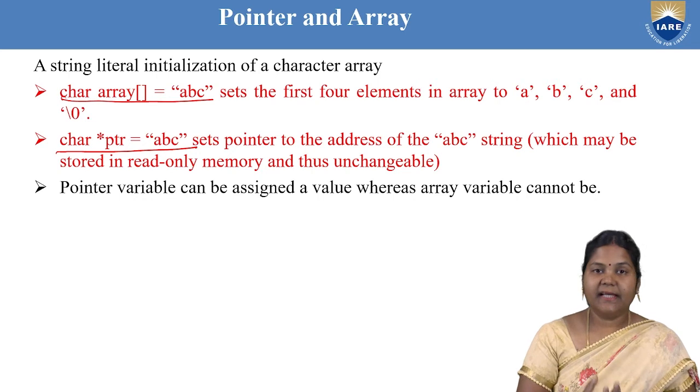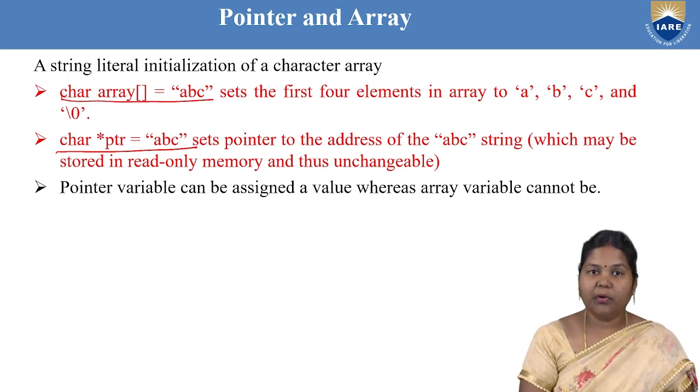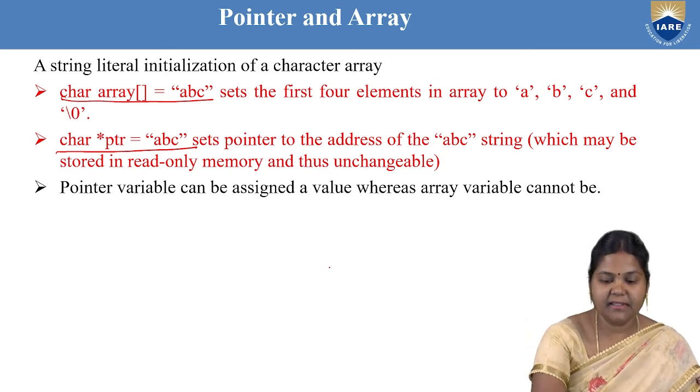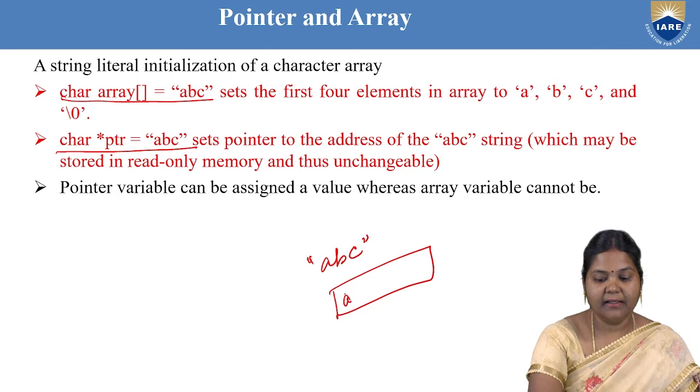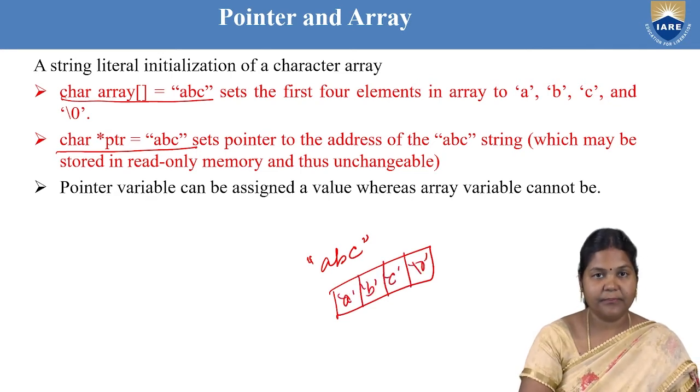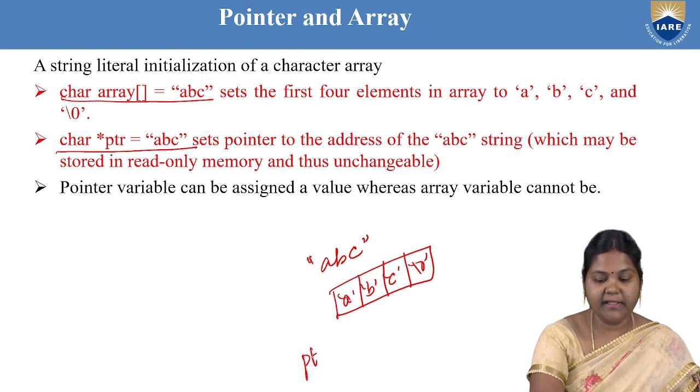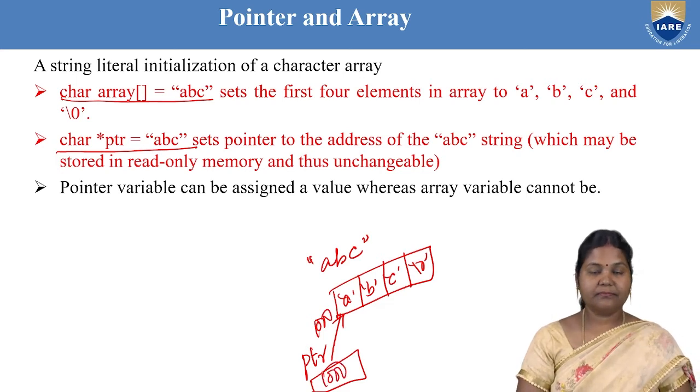So, in the second case, we have used a specialized pointer which points to the string ABC. That means the ABC string is again stored into a character array A, B, C and the null character, and the pointer ptr contains the address of this. Suppose 1000 is the address, it contains 1000.